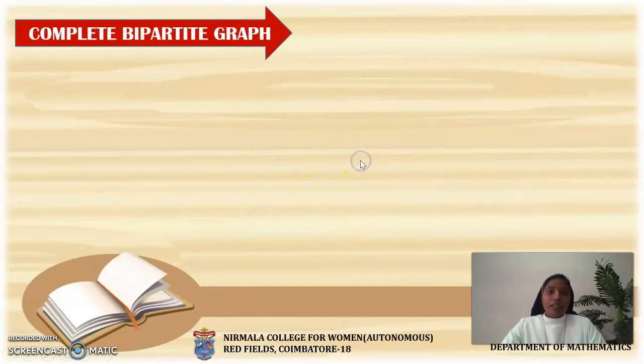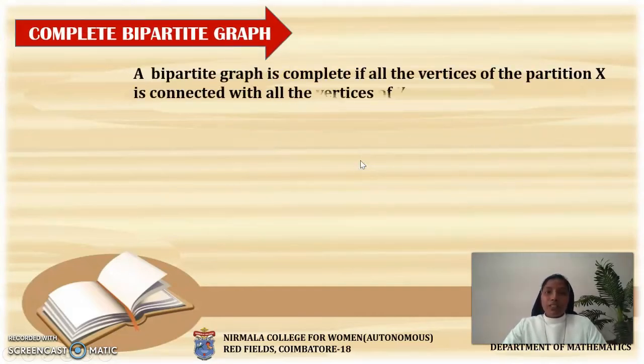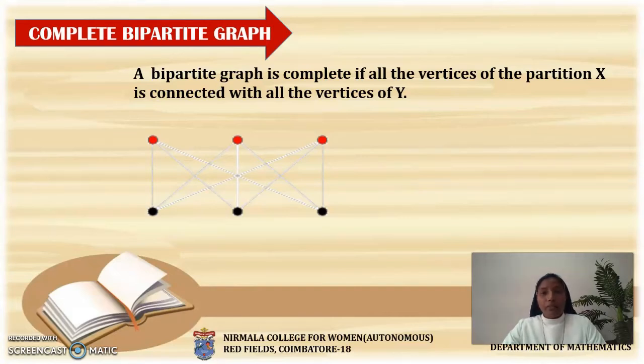Next, we define a complete bipartite graph, which is a graph in which the vertices in the partition X are connected with all the other vertices of Y and vice versa.